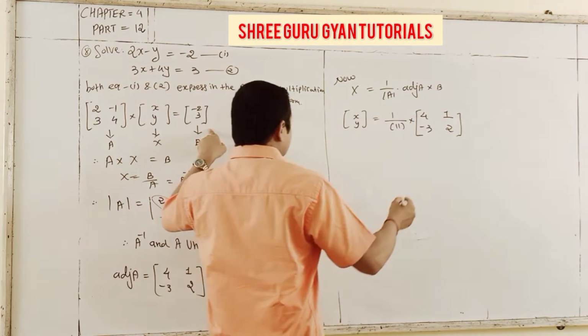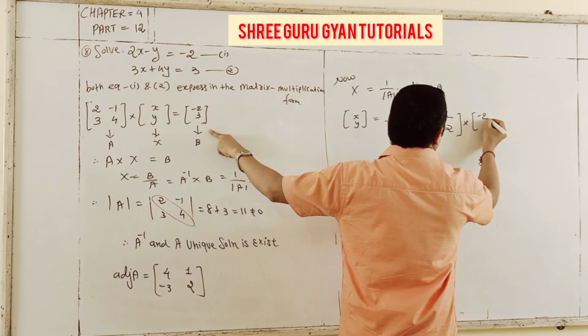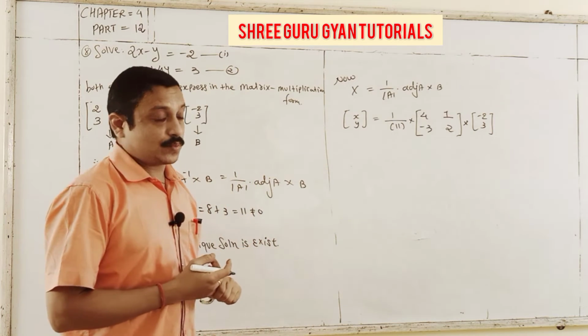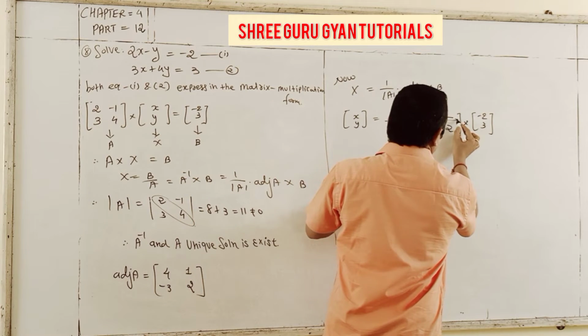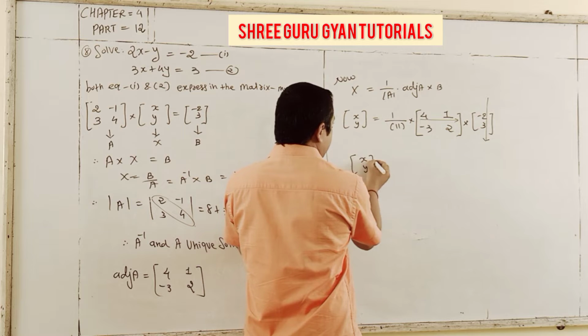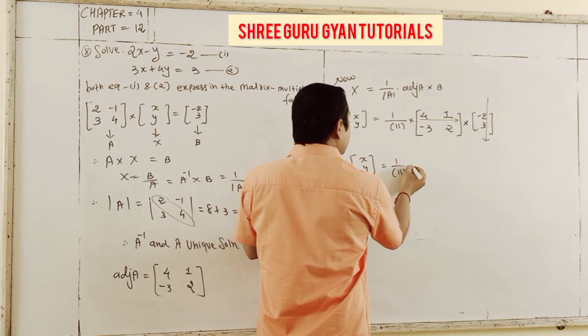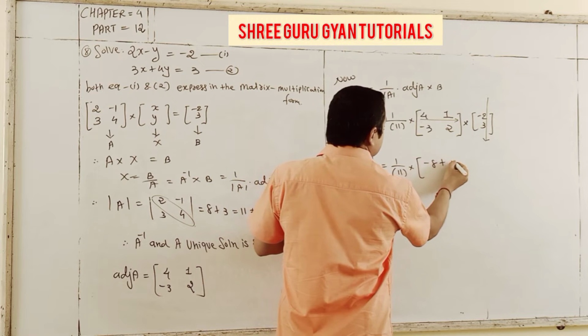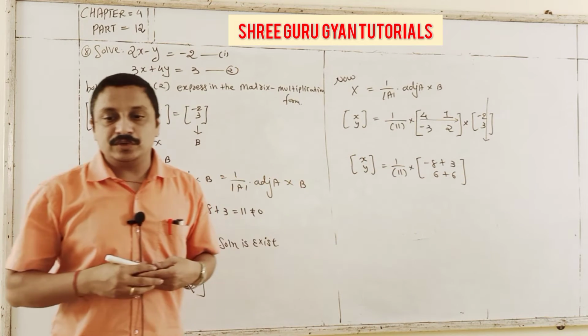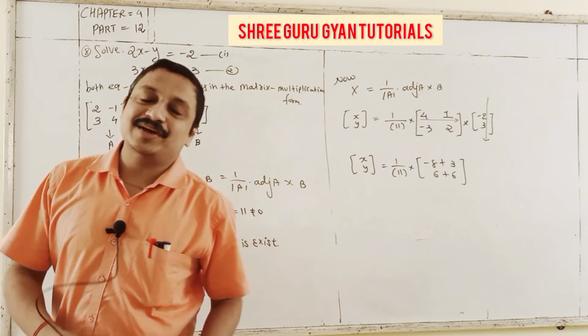And B is also known, students: I have minus 2 with 3. So row, column, matrix multiply. X, y same, 1 by 11, here minus 8 plus 3, 6 plus 6. So students, you will get your answers very easily.